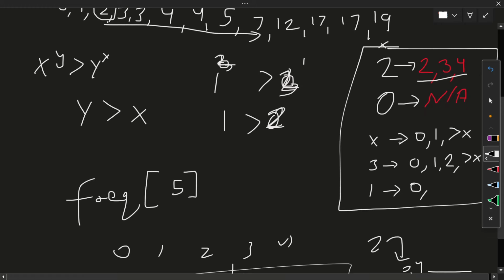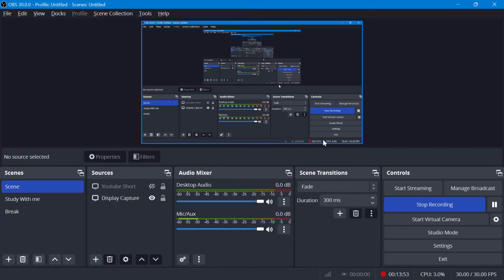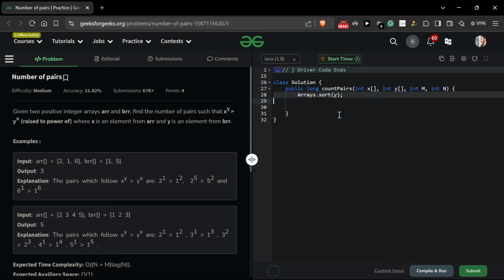So while remembering this, I have to write some conditions, and I have to apply binary search, and we need to find the index whose value is greater than x. So let's code this. First we need to sort the array, and then we need to find the frequency.